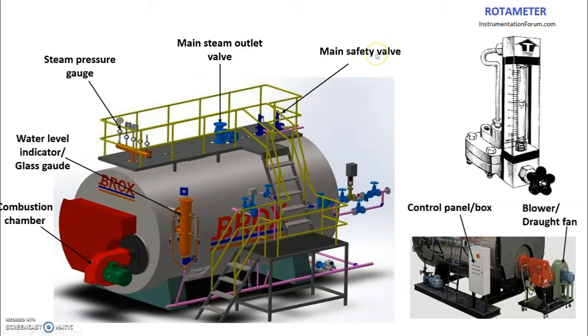We also have here the main safety valve. Listen to the name, main safety. Having safety in it means it is performing a safety function, and its safety function is that it prevents explosion. In what way does the main safety valve prevent explosion? It opens automatically when the pressure of the steam exceeds its limit.